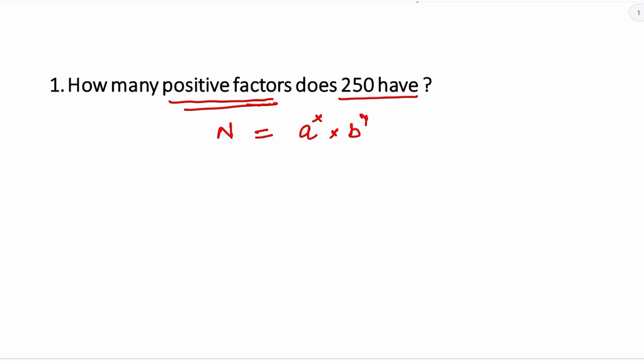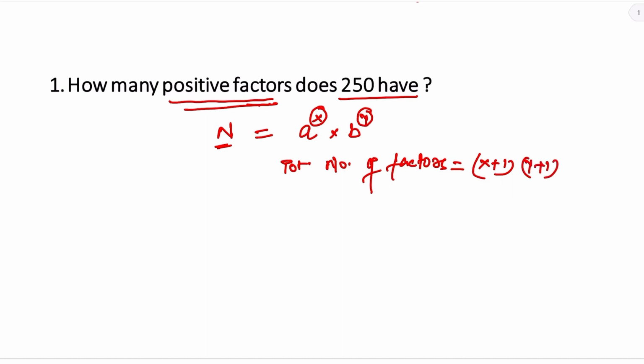These only two prime factors are there in the number n. So the total number of factors will be simply we need to increase these powers by 1 and multiply them. So what will be the total number of factors? Total number of factors will be (x plus 1)(y plus 1).